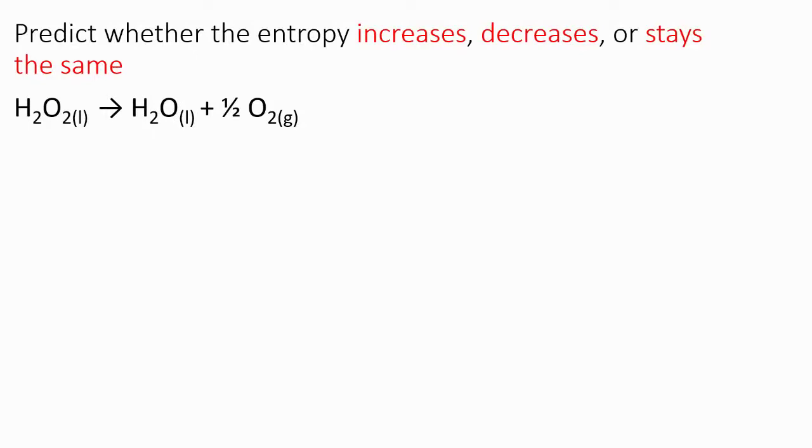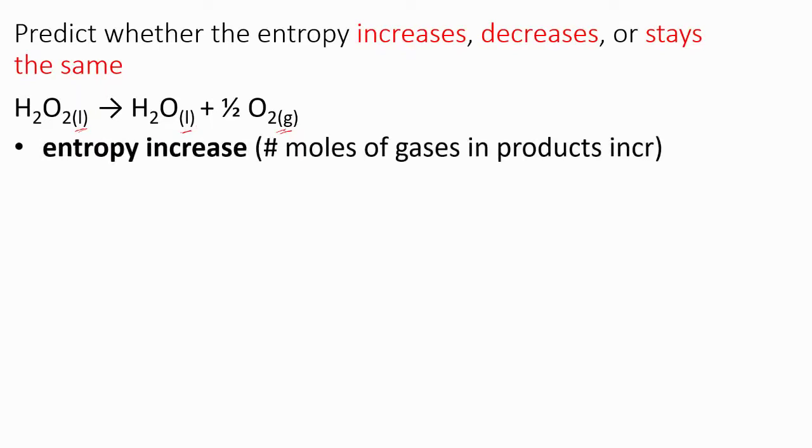I have hydrogen peroxide in liquid form, and that is forming liquid water and a half a mole of oxygen gas. So I am going from a liquid, and then I have a liquid and a gas. So ultimately, entropy is going to increase because I have more moles of gas on the product side.